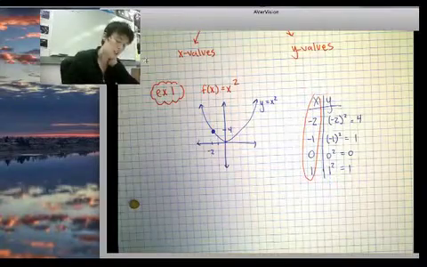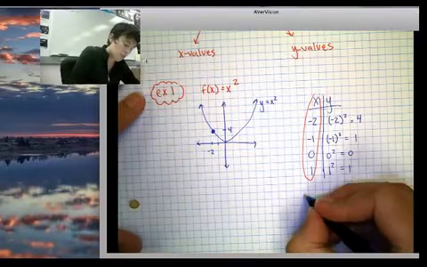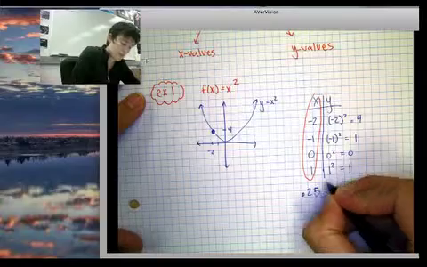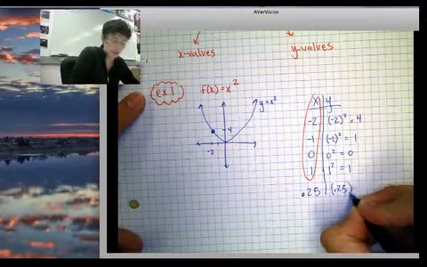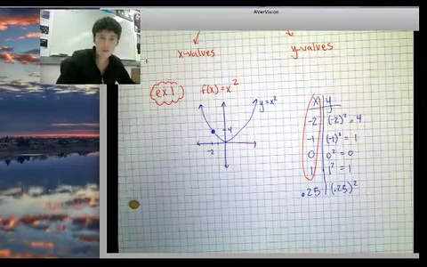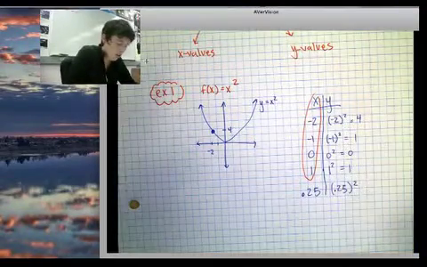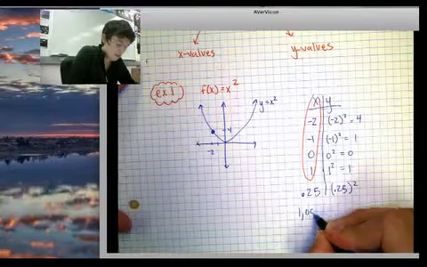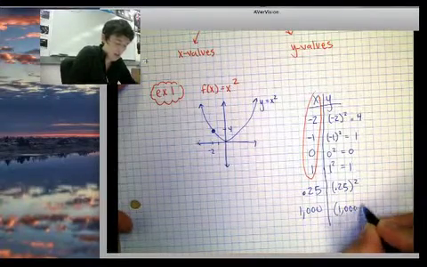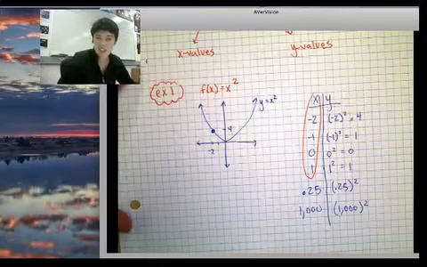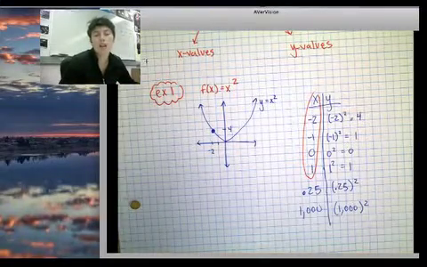If I had picked any decimals, like 0.25, isn't that okay? I could have done 0.25 squared, and that would have been fine. I could do really big numbers. I could do 1,000 squared, and then have to plot that on my graph. I can't think of any number I'm not allowed to do.